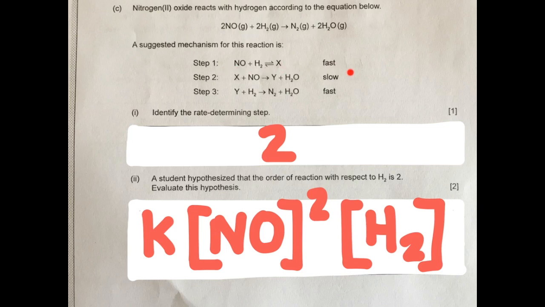But because X is a part of this slow step, you must look at where X was derived from. And these two entities must form a part of the rate law, with one NO being included here, the H2 being included here, both of these giving rise to X, and then the other entity in the rate determining step that interacts with these two which produce X is the second NO. So with the two NOs, you get this part of the rate expression, and with the hydrogen, you get this part.